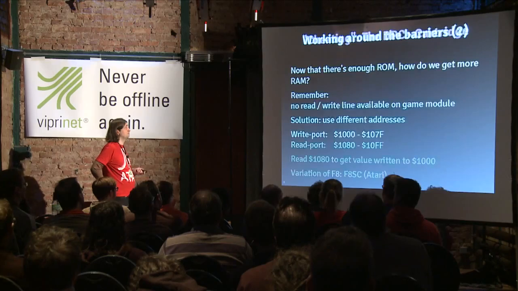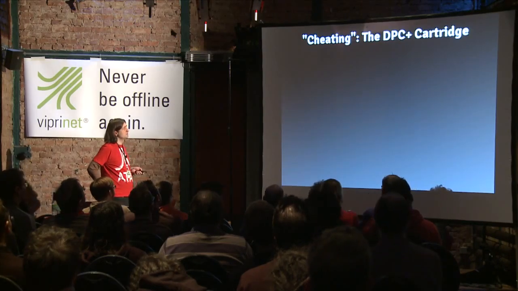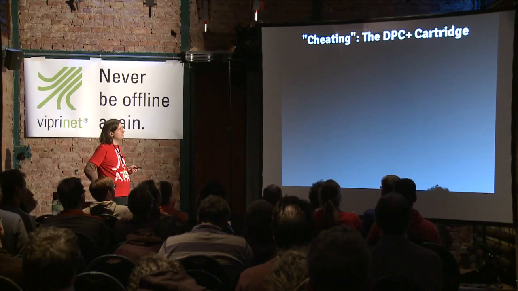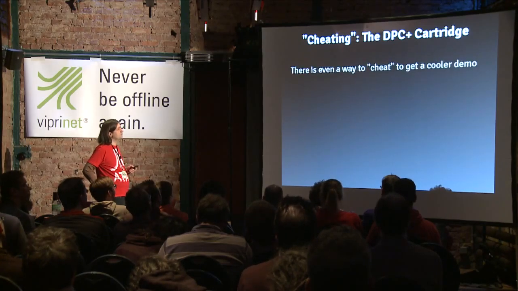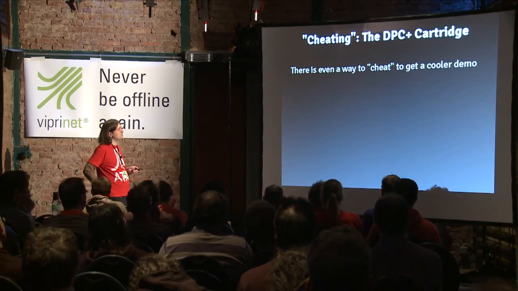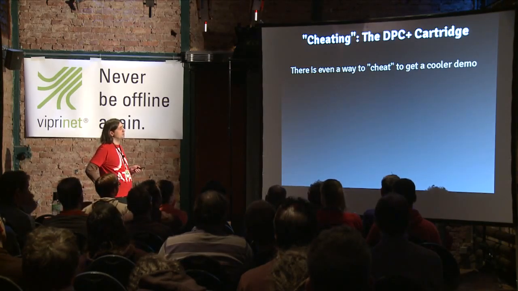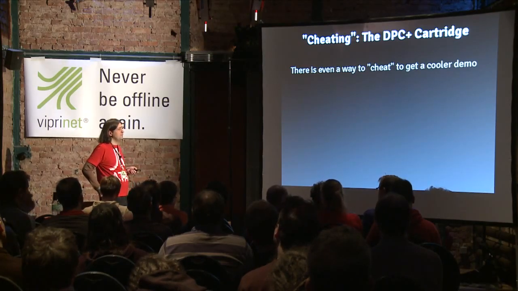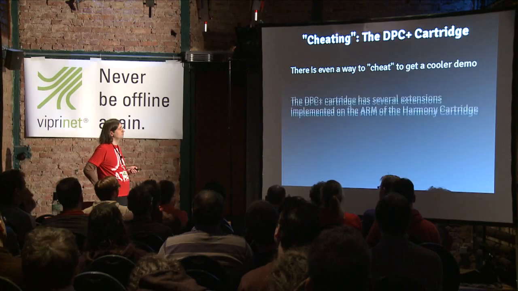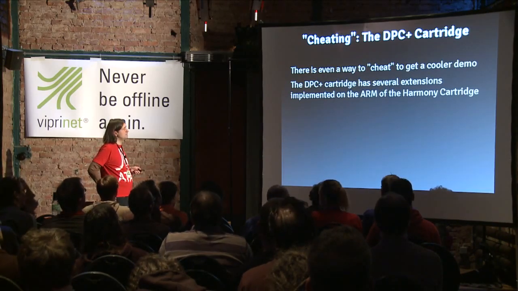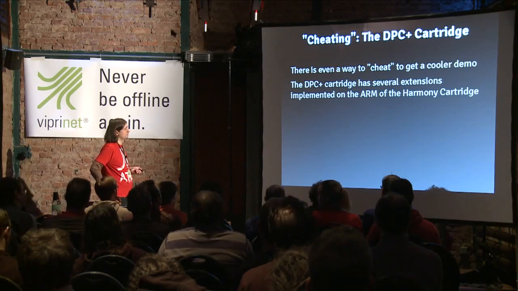The variation of this is usually ended with SC for Super Chip, as the additional RAM was originally called. There also is a very extended cartridge called the DPC cartridge. On the demo scene, this is really cheating because you use the computing power of the ARM microcontroller on the Harmony chip to assist your 6507.